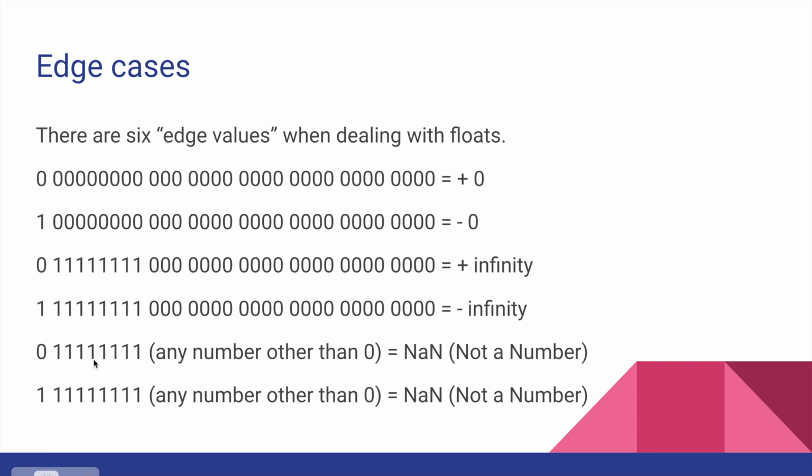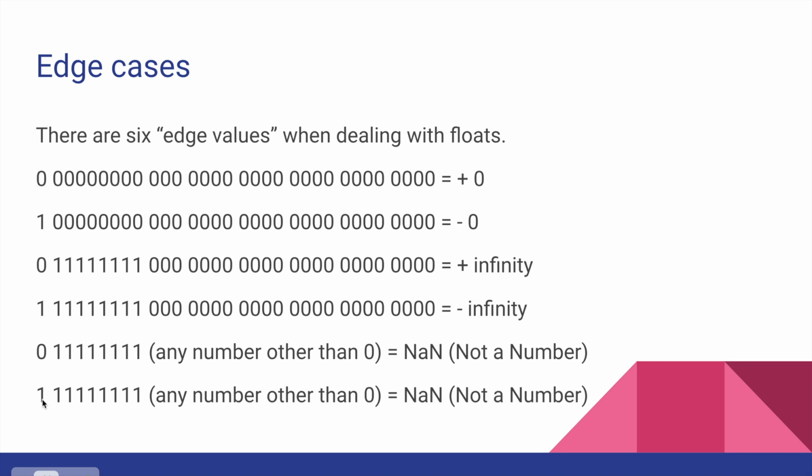Now look at these bottom 2. 0 means positive, 11111111 means infinity, and any number in the mantissa that includes any values that aren't 0 is not a number. It's defined as being an error. Positive more than infinity, basically, which is impossible, hence the reason it's declared as not a number.